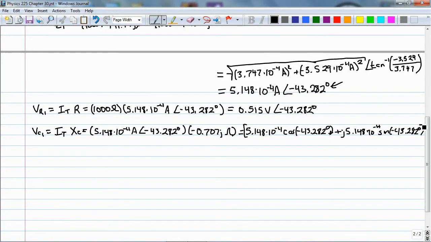I'm going to have to go down the line below it. So this is in amps, and then I'm going to have negative 0.707 J ohms. I want to remember this is in amps.